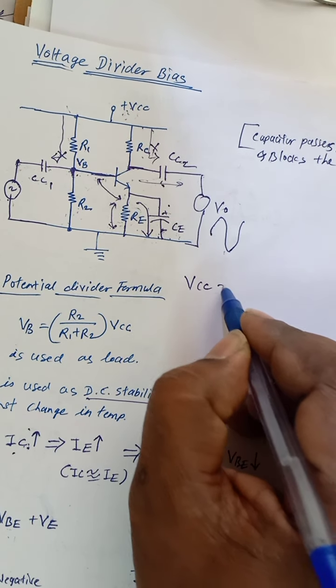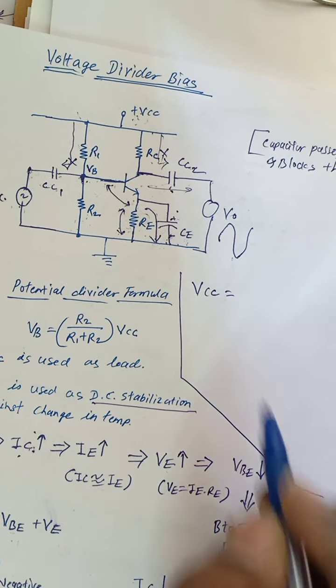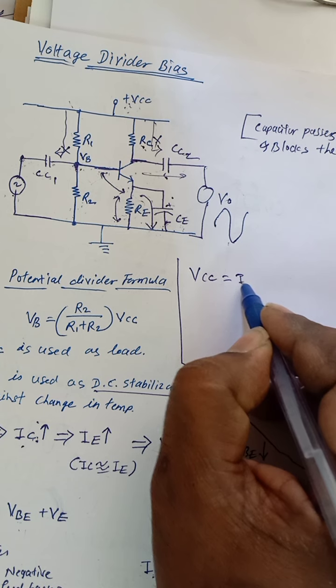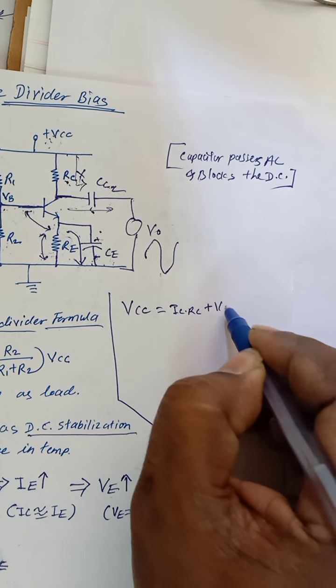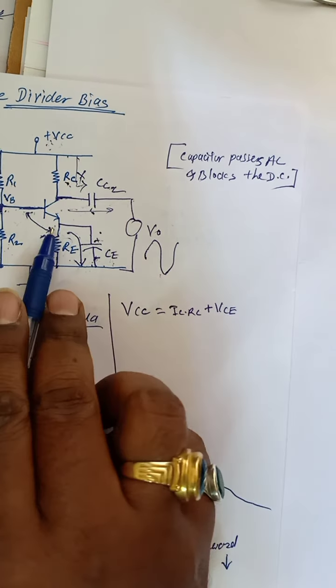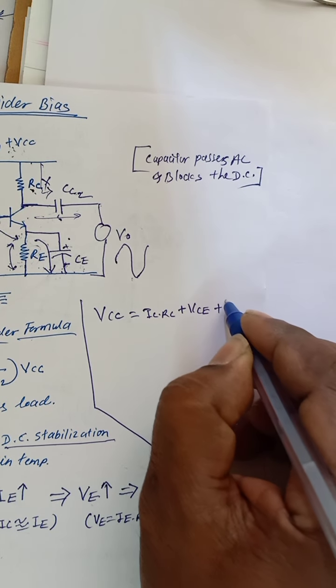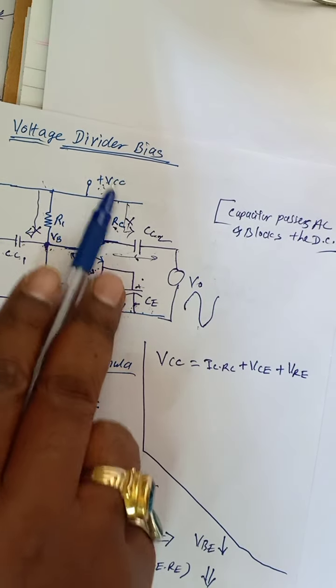So we can write VCC equal to the voltage across RC, which is given by IC into RC, plus the voltage across the transistor, that is VCE, plus the voltage across RE, that is VRE. Okay, so this is the output equation.